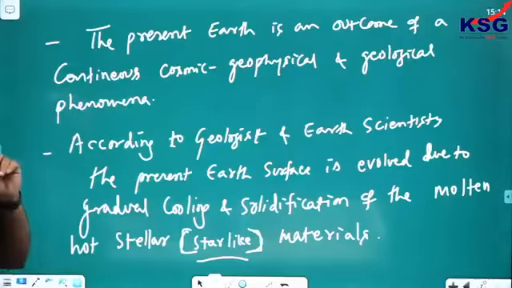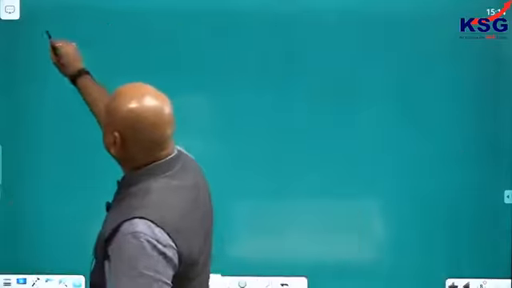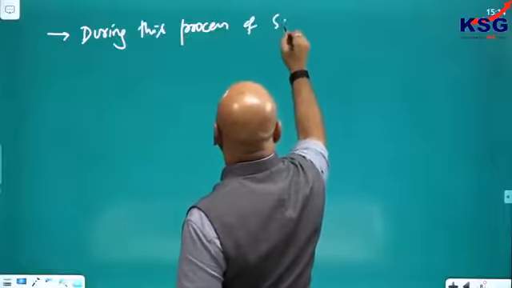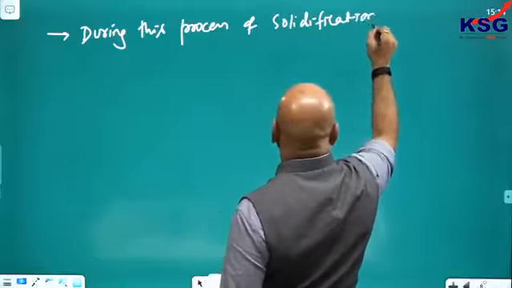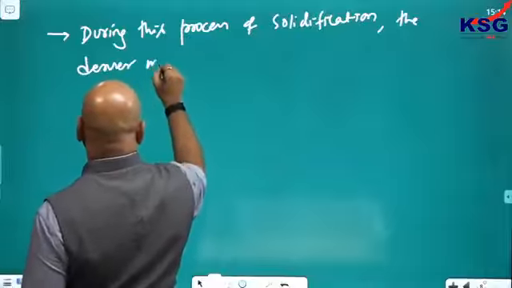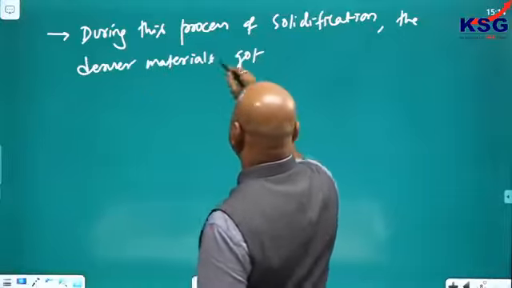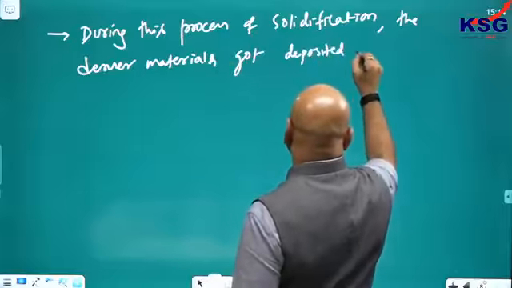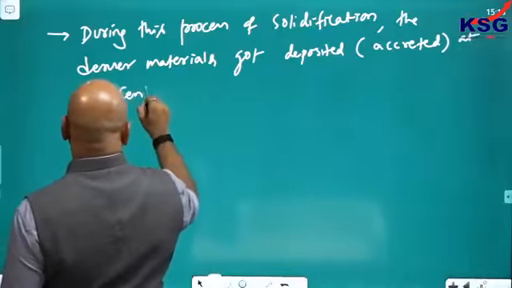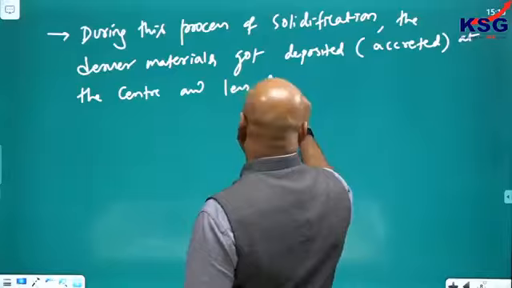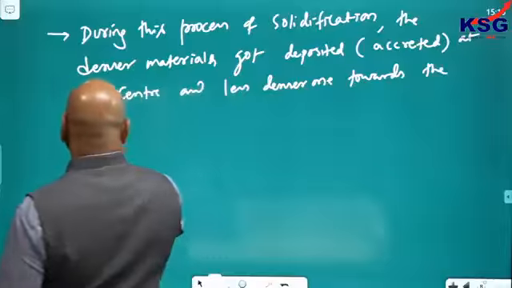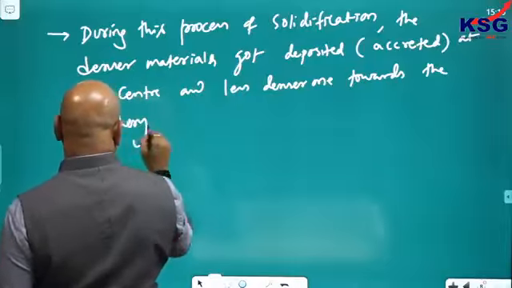Right. Now, next point. During the process of solidification, the denser materials got deposited or accreted at the center and less dense ones towards the periphery.